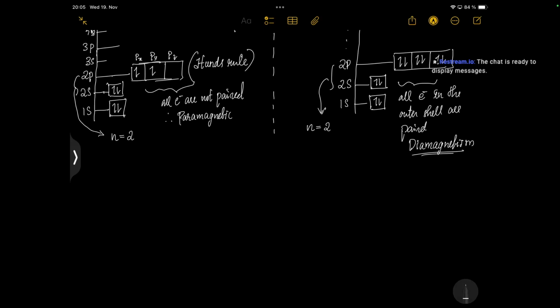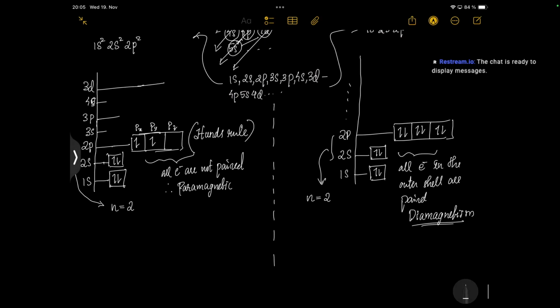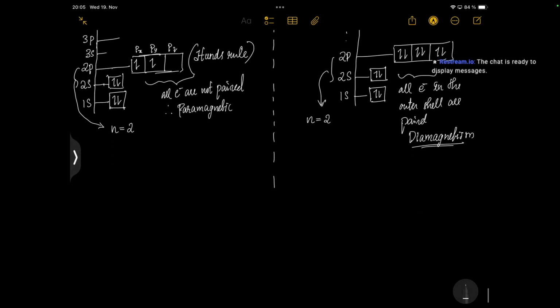Now from what I have understood, let's draw how the atom is going to look like.